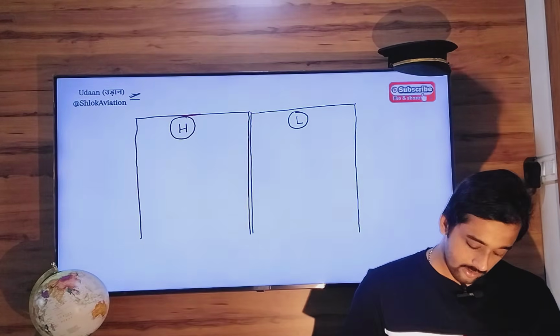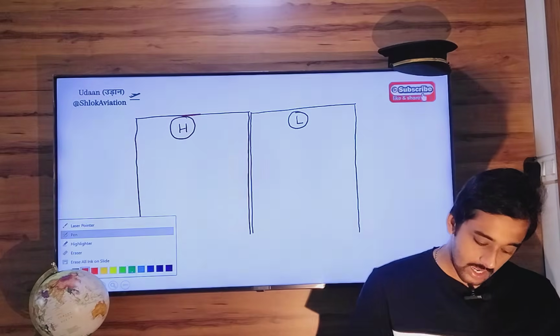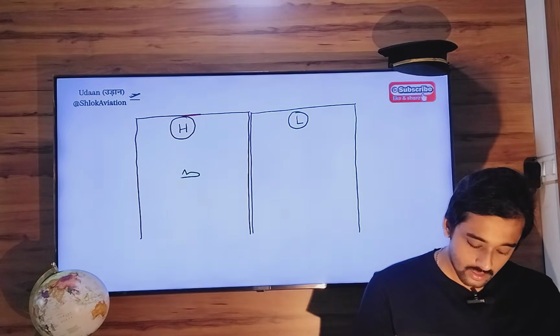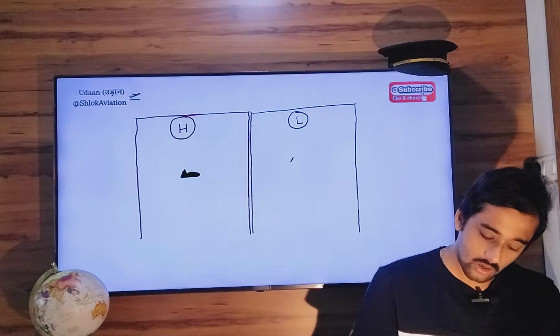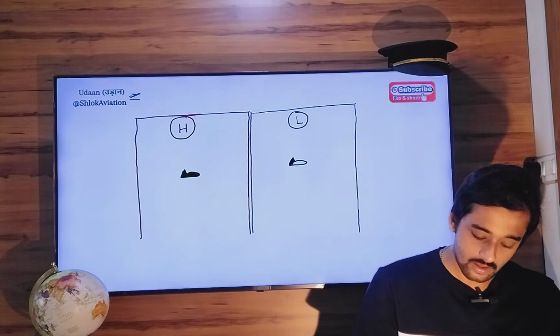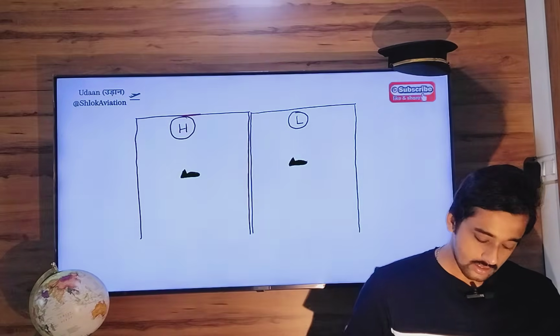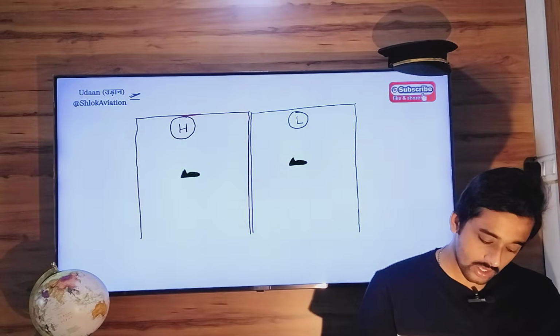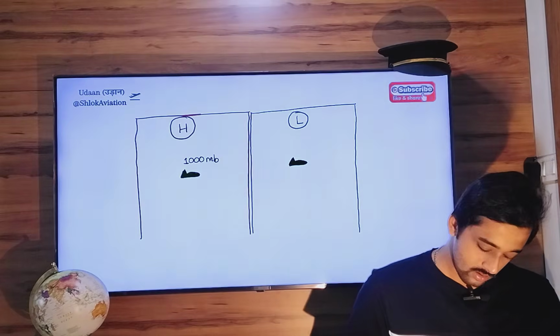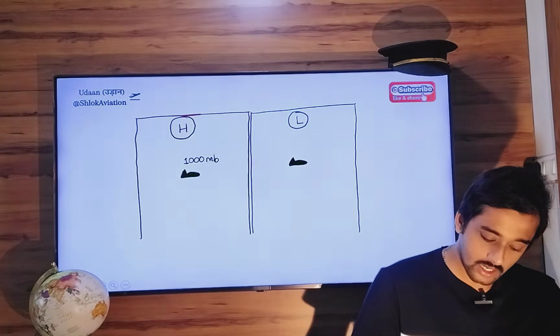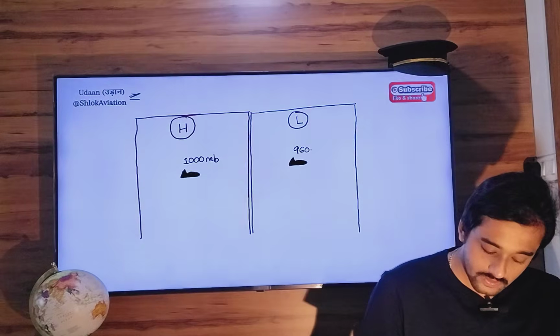Okay, so aircraft flies from this high pressure area, same altitude, into a low pressure area, right? So the pressure here is 1000. Next, the pressure here is 960.